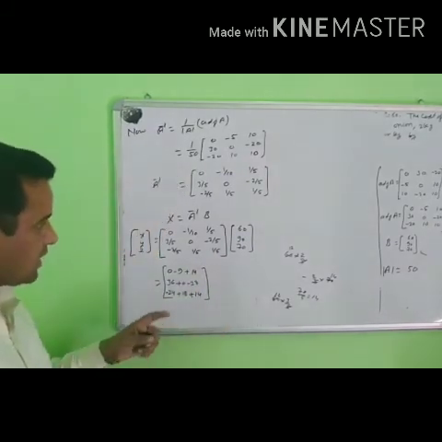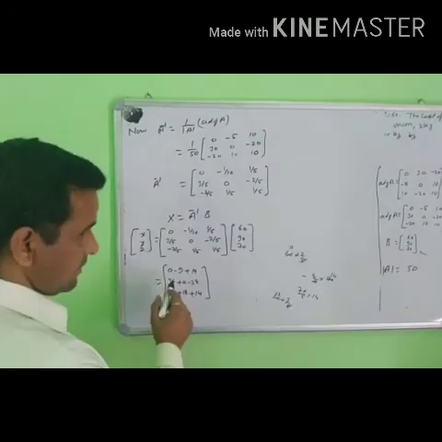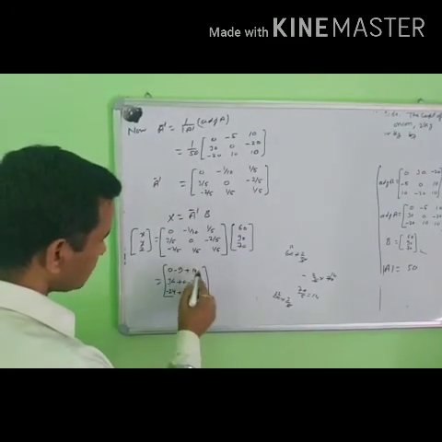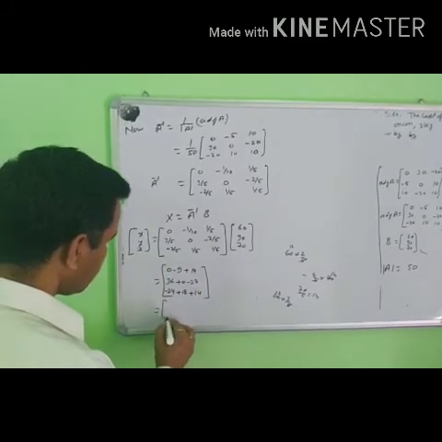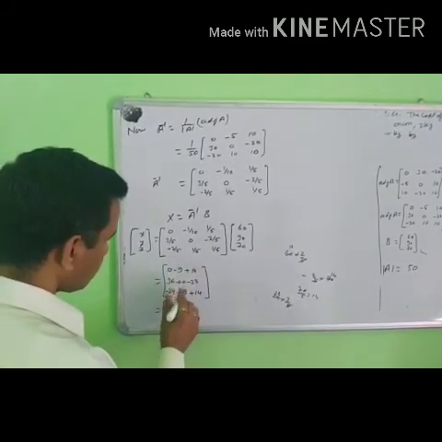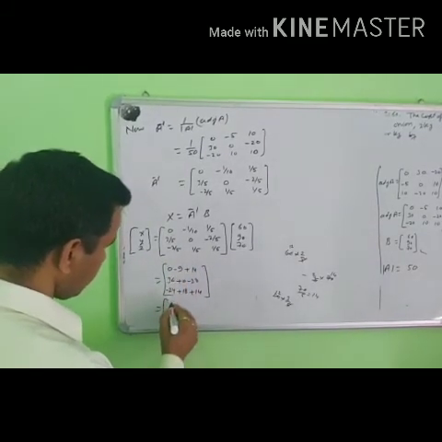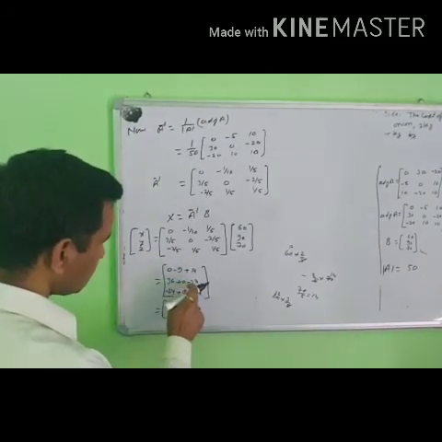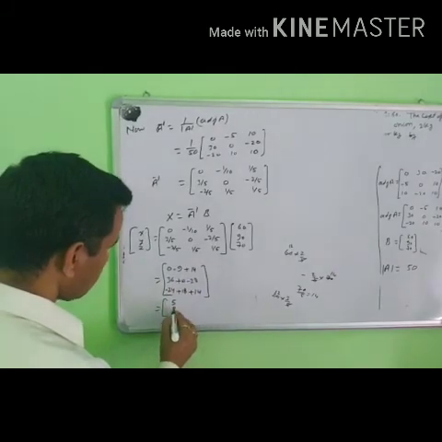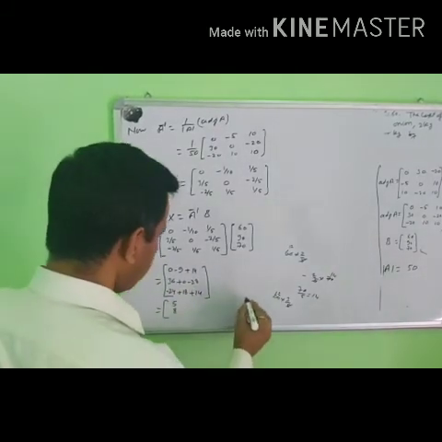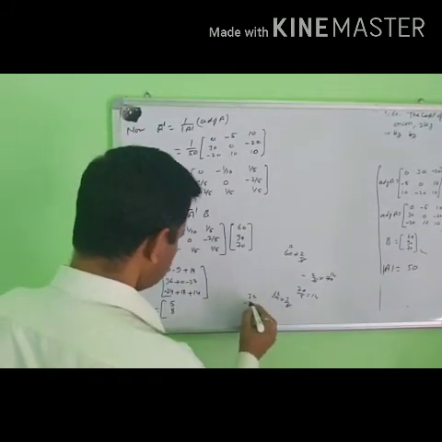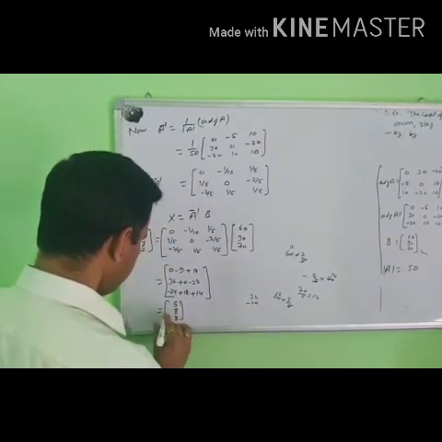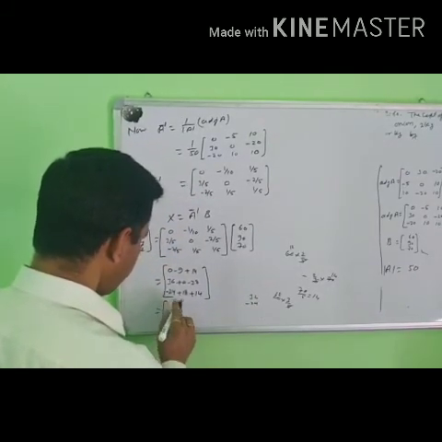You calculate this. So 0 minus 9 plus 14 is 5, and 36 minus 28 means plus 8, and 18 plus 14 minus 24 is 8 also. So here comes 5, 8, 8.